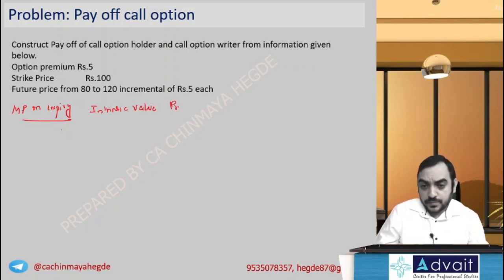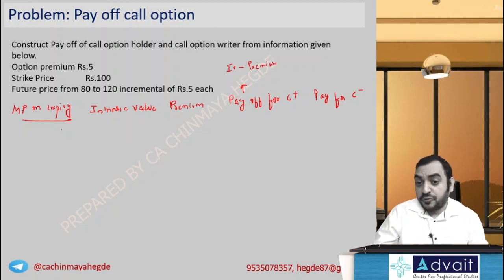Then premium, payoff. For the holder, I'll say C plus, call option holder, then payoff. For the writer, C minus. What is the formula for payoff for the C plus holder? It will be intrinsic value minus premium, IV. I'm writing IV. Payoff for the writer will be the reverse: premium minus intrinsic value.